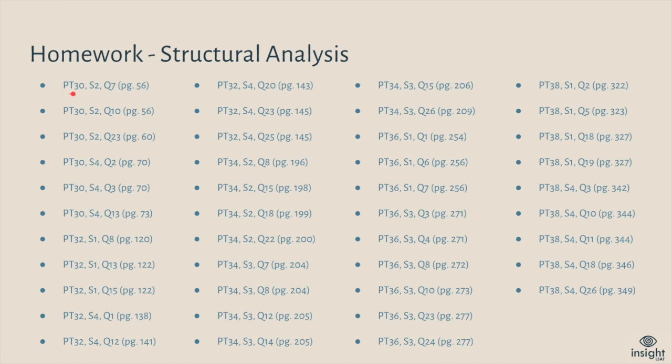And this one is from prep test 30. It's in section 2 of the test, and it's question 7 within that section. Now, an easy way to just get to all these homework questions is to just use this page number here. And what this page number refers to is a book by the Law School Admissions Council. Remember, I talked about this in lesson 1.